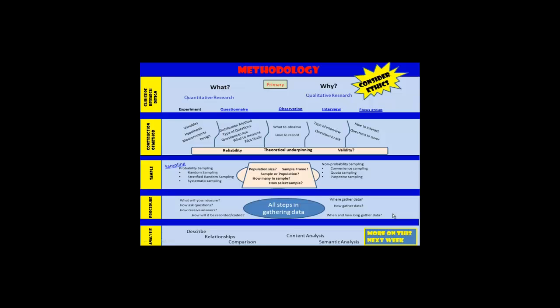In the next section, sampling, there are a number of ways that you could sample your population. The population is everybody that you're researching. If it's a very large population, you're not going to be able to contact everybody, so you will use a sample from the population.